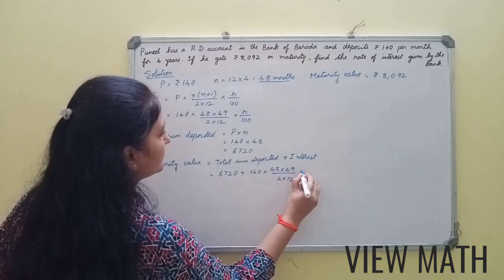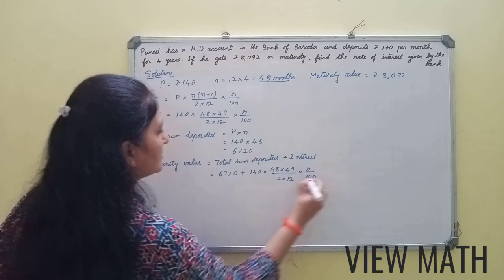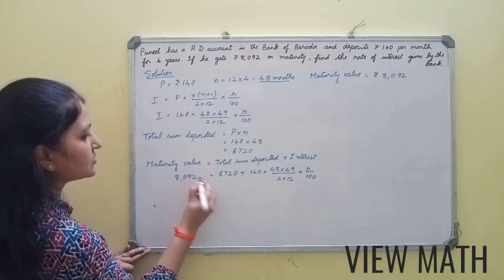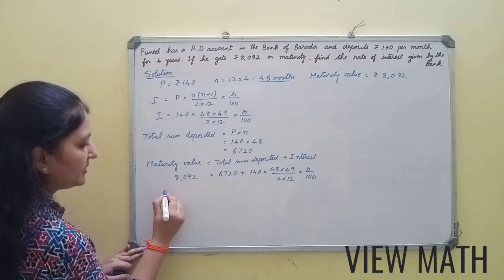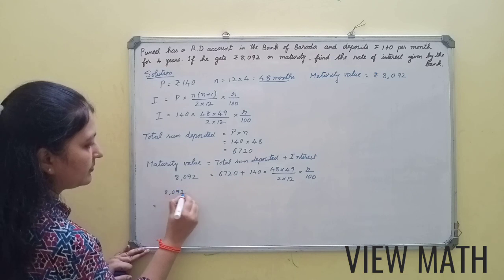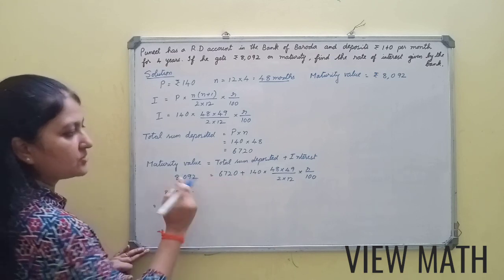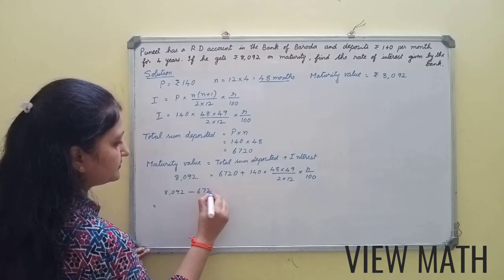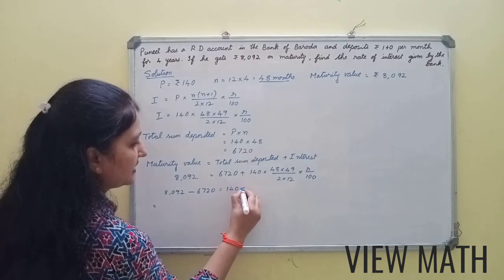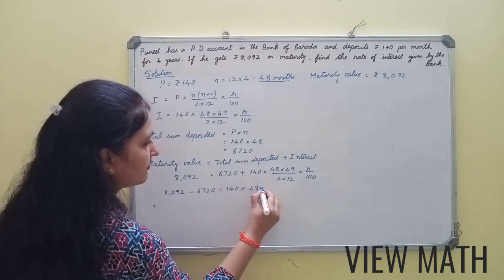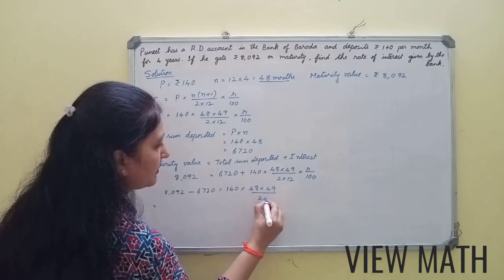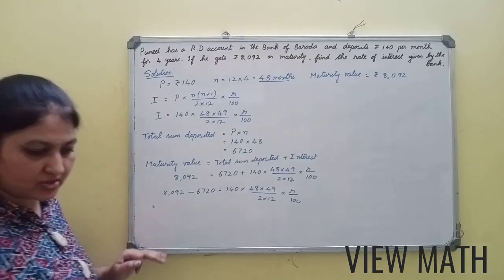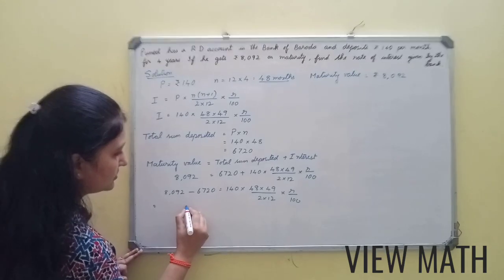You can do the calculation part also. Maturity value is given in the question, it is 8,092. If we take this to the other side, here it is positive, when it comes to the other side it is negative. Let me write as it is. On subtraction, you will be getting 1372.